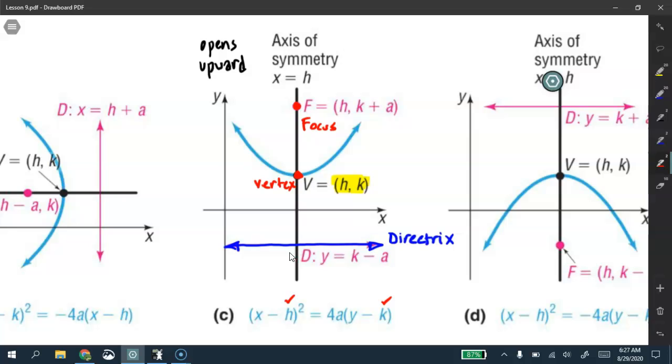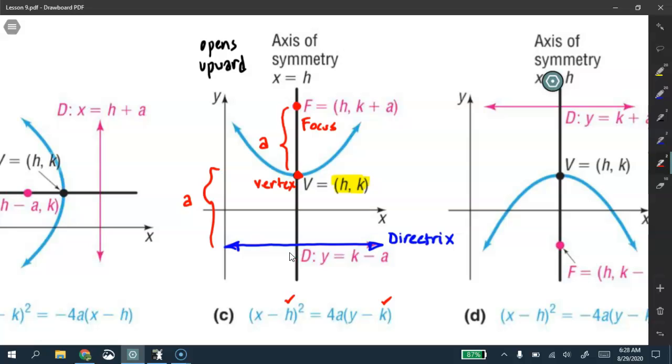So if you were to start from the focus and go to the vertex, or if you were to go from the directrix all the way to the vertex, that distance is called A. It's always going to be a positive value, and it's always going to be the same value, right?